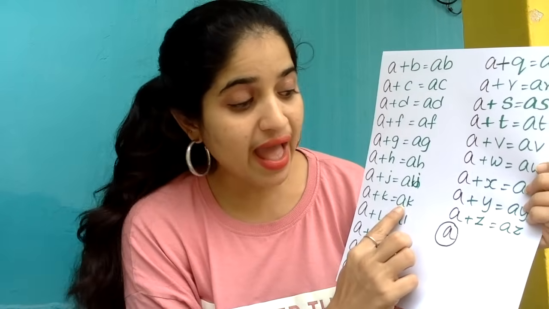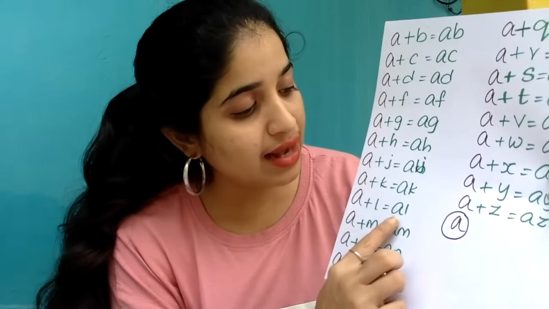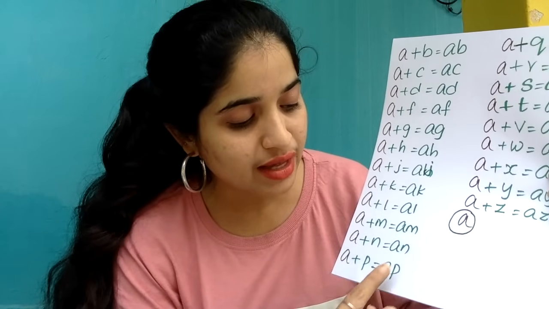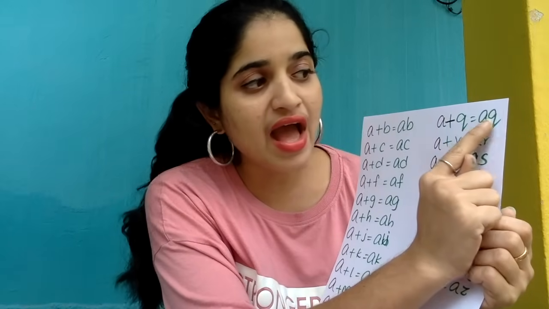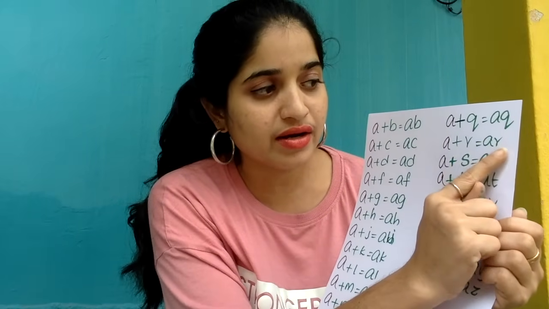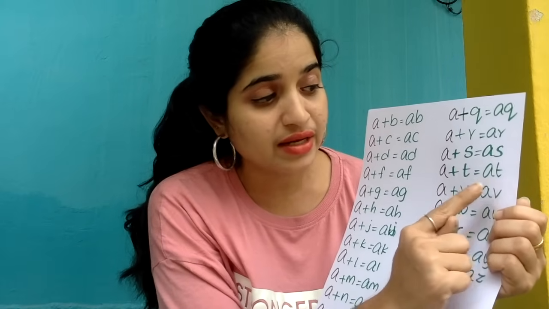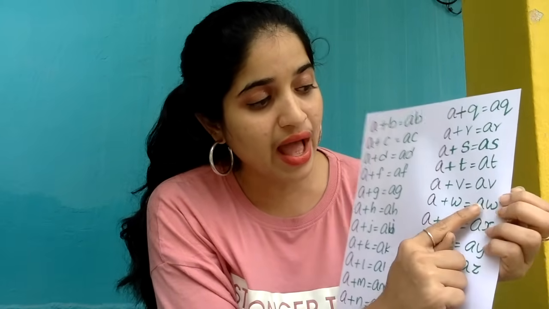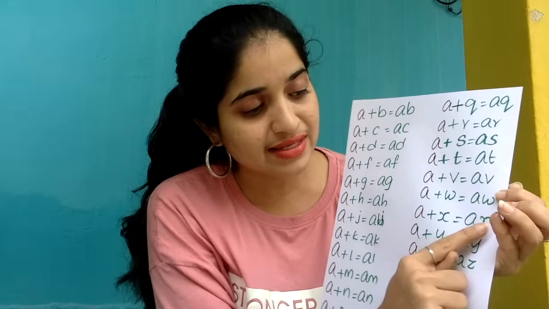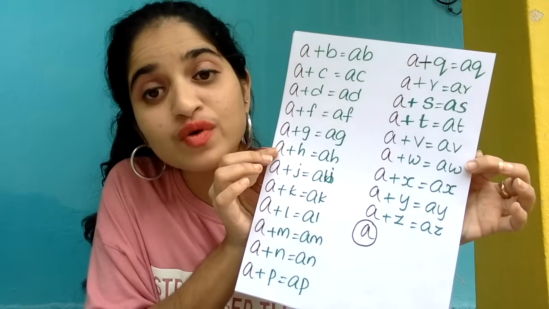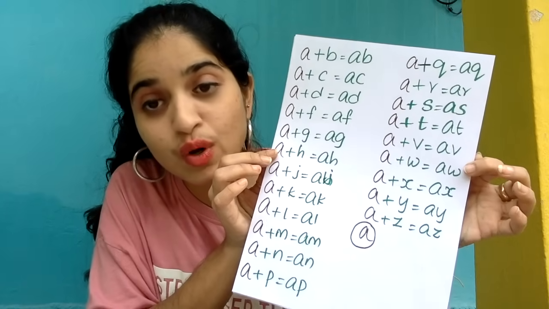Aj, ak, al, am, an, ap, aqua, ar, as, at, av, aw, ax, ay, az. So here is a list of vowel consonant blends for the vowel A.